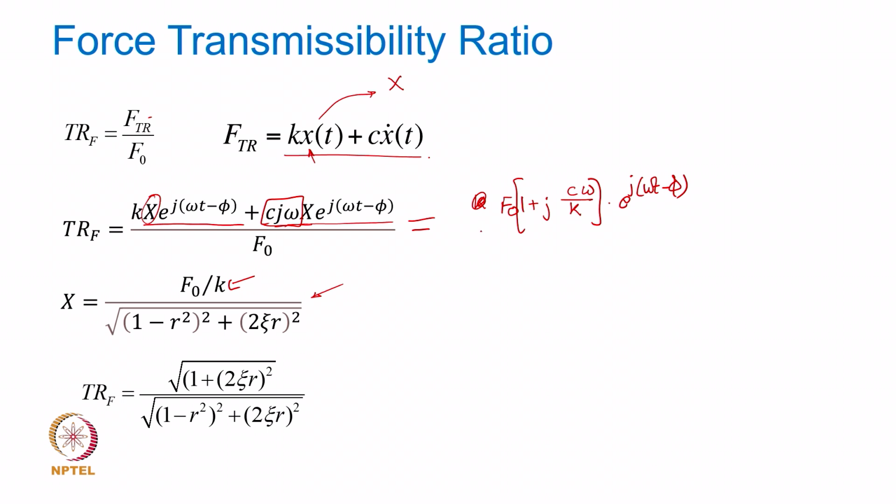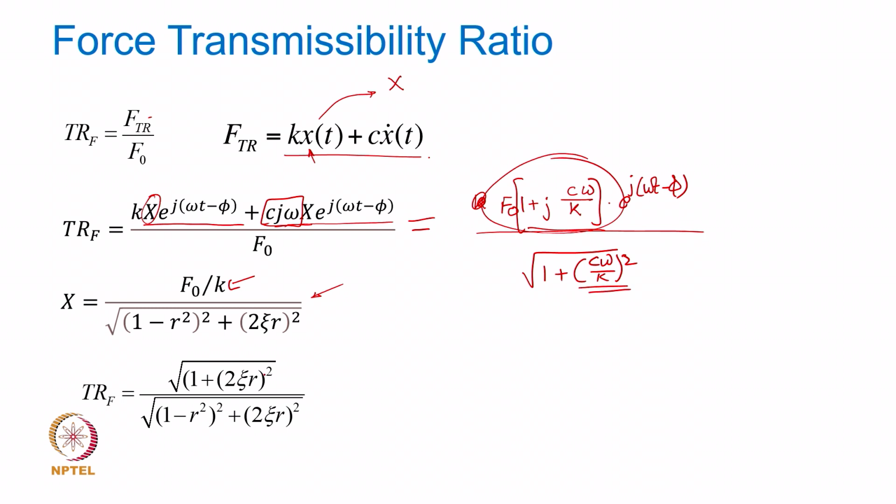So, this is all going to be the numerator, and then you can solve this to get an expression like this. The numerator, by resolving this, can be written as the square root of 1 plus c omega over k, whole squared, because this is a complex quantity, and you know how to replace c omega over k. You can show that this actually turns out to be 2 zeta r.